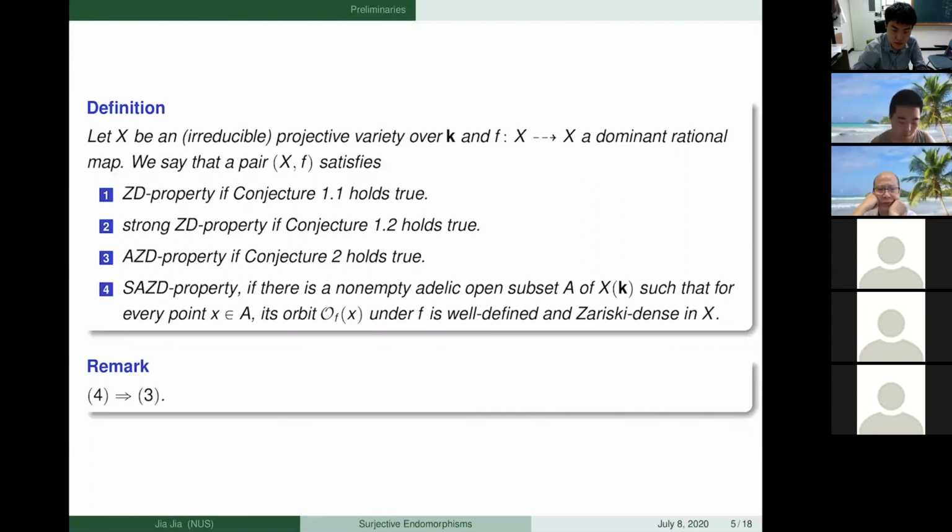That means in that case, the Kodaira dimension of F equal to K automatically holds true, because otherwise there cannot be a Zariski dense orbit for this F.